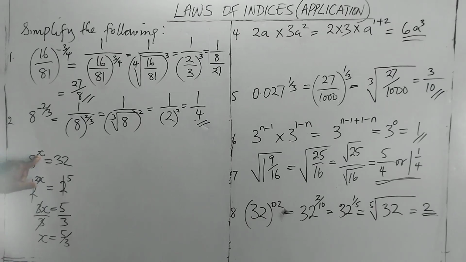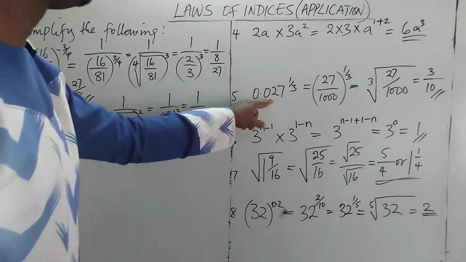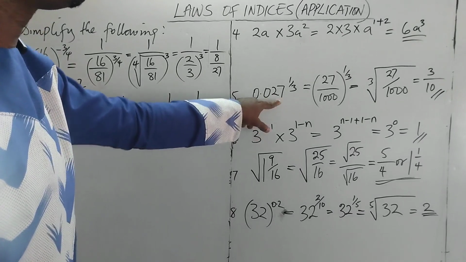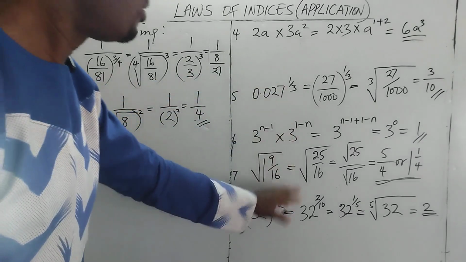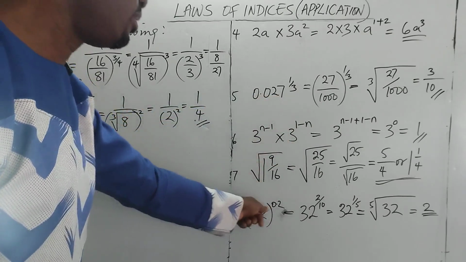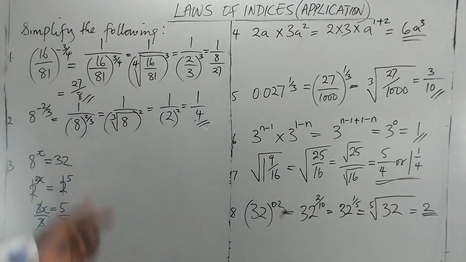When you have an unknown index, reduce the two numbers in such a way that they will have a common number, both sides. Then use the powers to find the unknown index. When you have a number in decimal, whether it comes as a number or as a power, as an index, change to fraction before you can use that number. Thank you for watching, and bye for now.